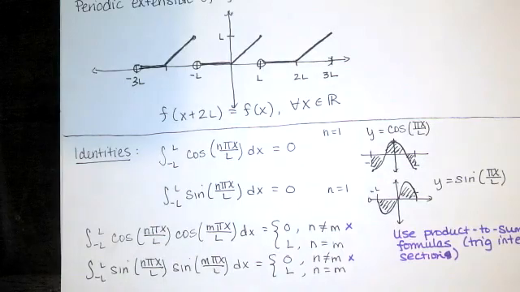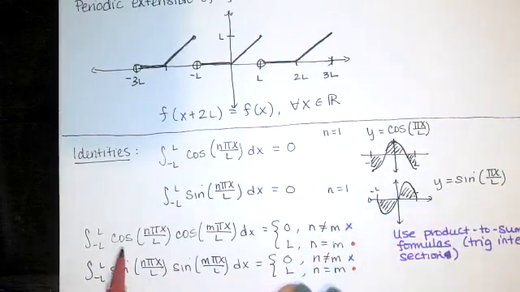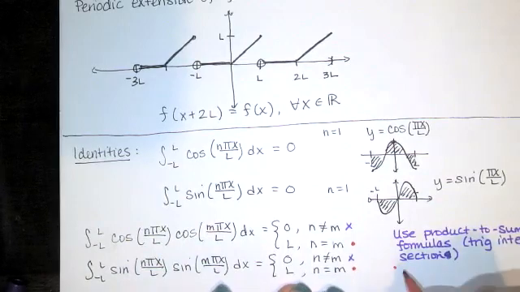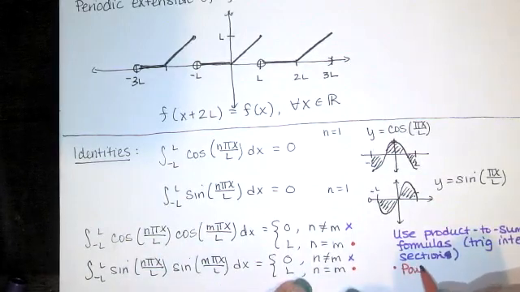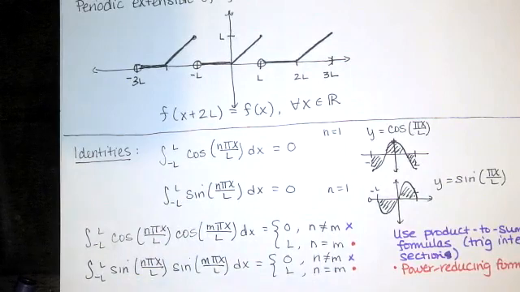And then for these guys that give us L, that's where we have a cosine and a cosine or a sine and a sine, and the arguments are the same. On those, you're going to use power reducing formulas to evaluate the integral. So you'll go from a cosine squared down to 1/2 times a quantity 1 plus cosine of double the angle.